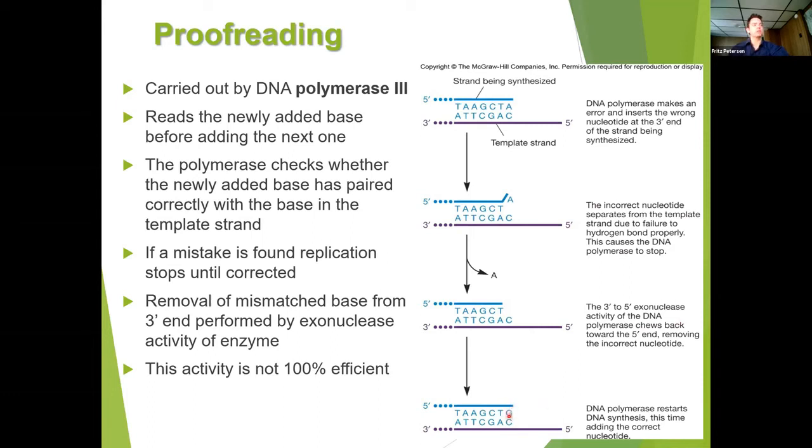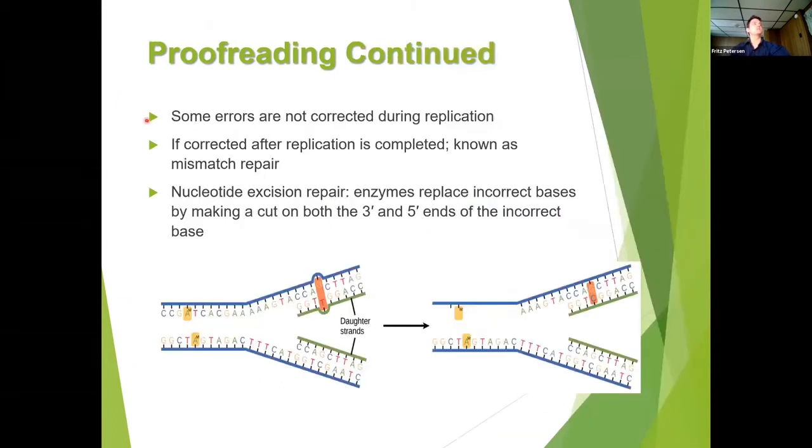And now you can see it's been corrected. Now there is a guanine to pair with the cytosine, so the mistake has been corrected. It's important to note that this activity is not 100% efficient. Mistakes are still possible, so if we move on to some other proofreading, as I said, some errors are not caught or corrected during replication.